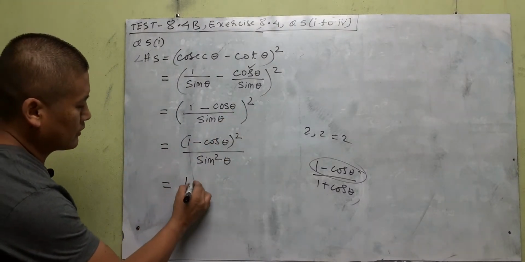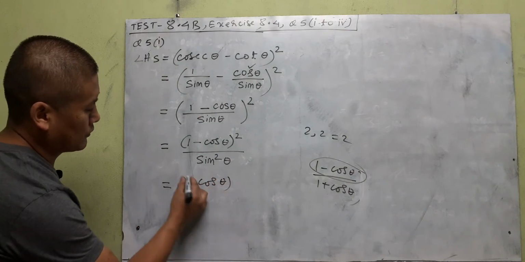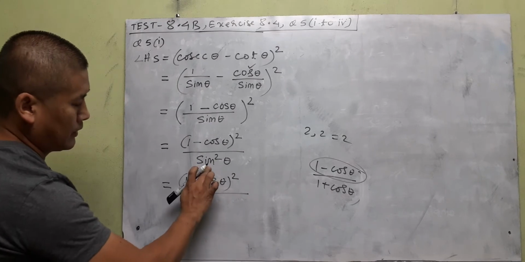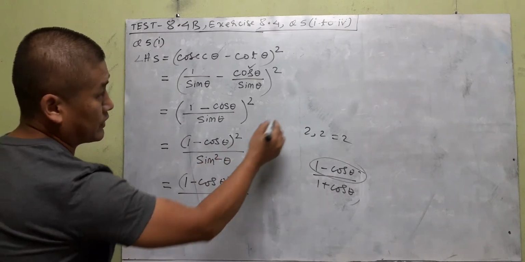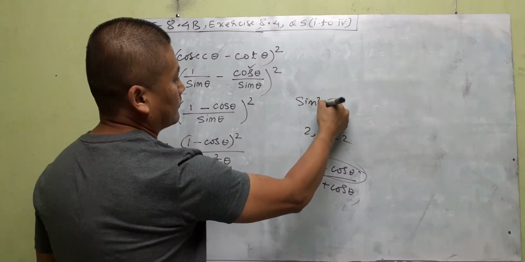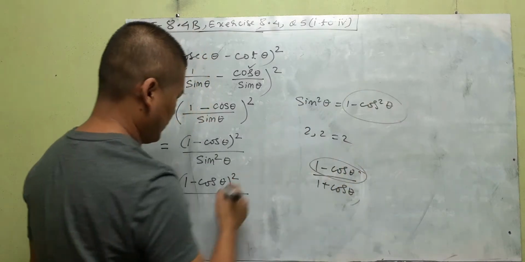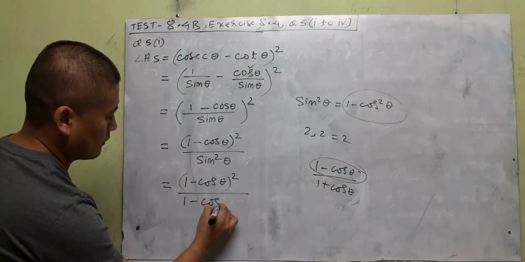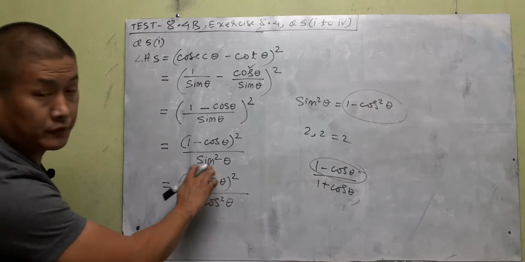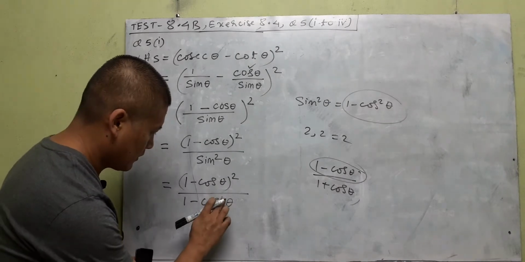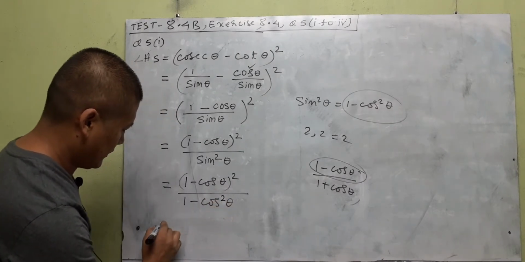Now we don't touch this 1 minus cos theta because we need that. Square is still there anyway. And one formula we learned last time: sin square theta is equal to 1 minus cos square theta. Let's put this one now, because the formula for sin square theta is 1 minus cos square theta.